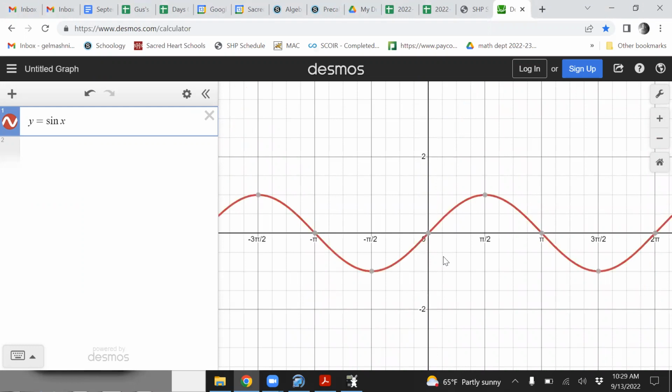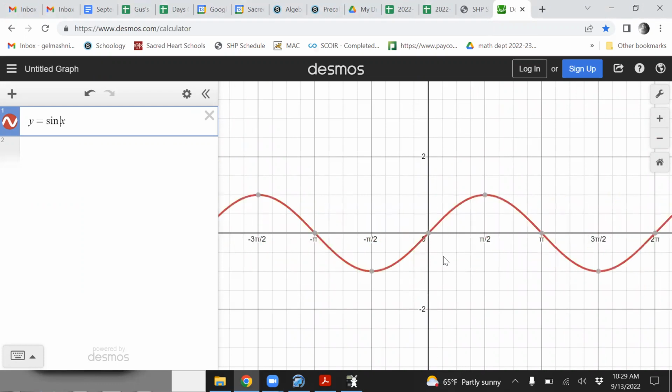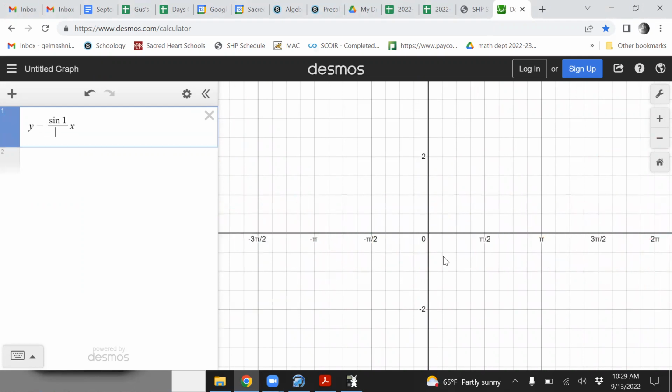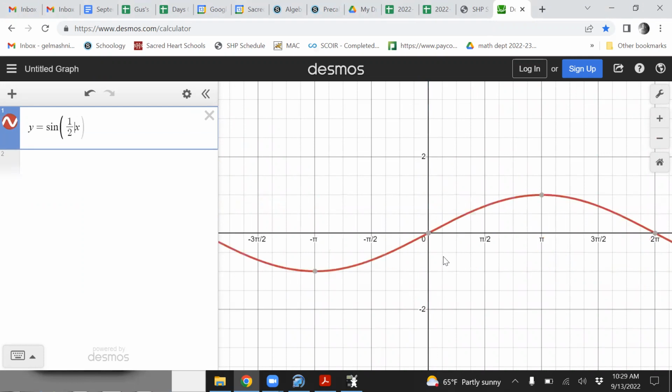Okay. What if I put a 2 here? It happens more frequently, right? If the coefficient of x gets higher, the cycle gets faster and faster and so forth. Ooh, good question. I'll explain in just a sec. But if I do like 1/2 x, you see it's slower.